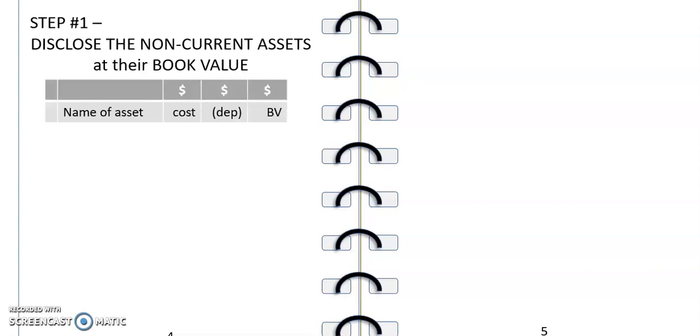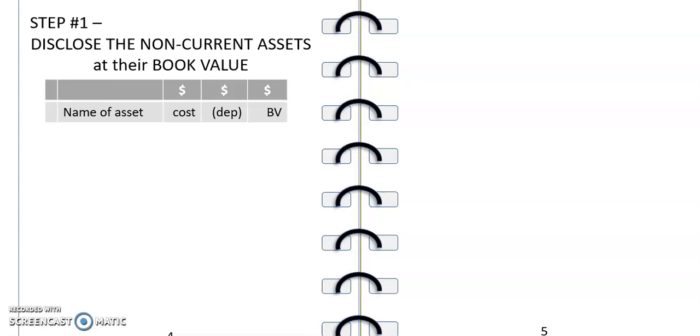Step number 1, disclose your non-current assets at their book value. So you put in the name of the non-current asset. In the first column of this 3-column approach, you can place the original cost of the asset.